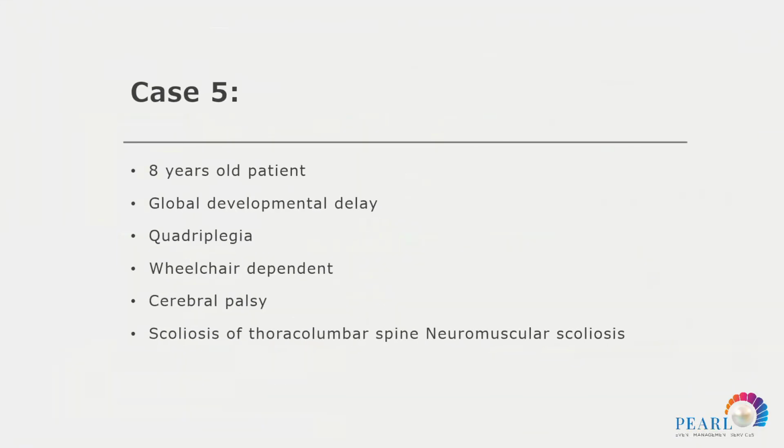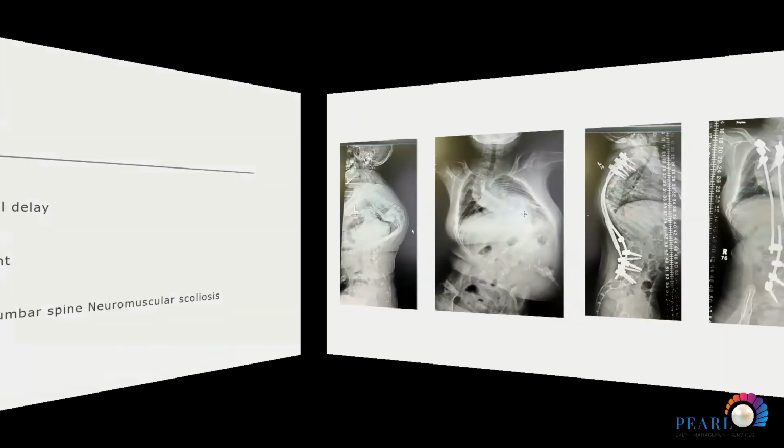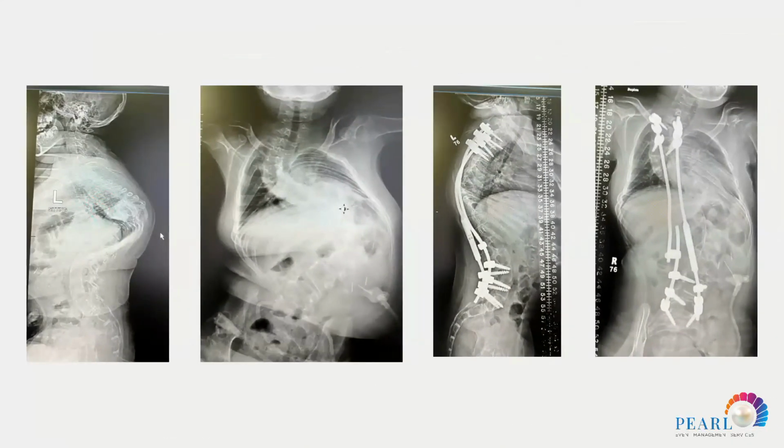Another case, 8-year-old patient with global development delay, quadriplegia, wheelchair, cerebral palsy, and neuromuscular scoliosis. Severe hyperkyphosis, more than 100 degrees, with also severe scoliosis on the coronal plane. Very nice correction with very nice sagittal plane.